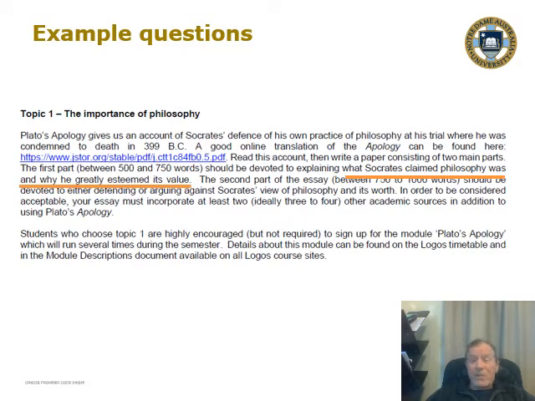So actually, for part 1, there are 2 questions. And then you have part 2. And in part 2, you have to take a position either for or against that argument you've just explained.